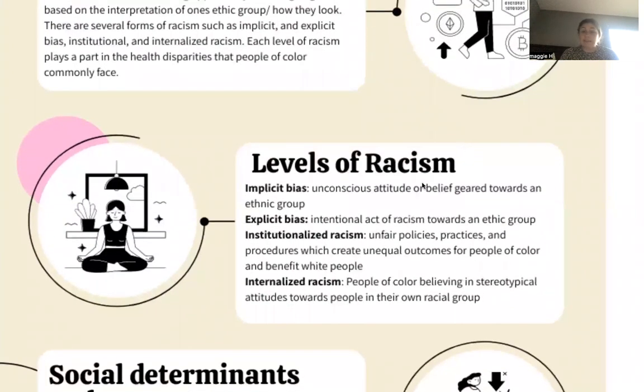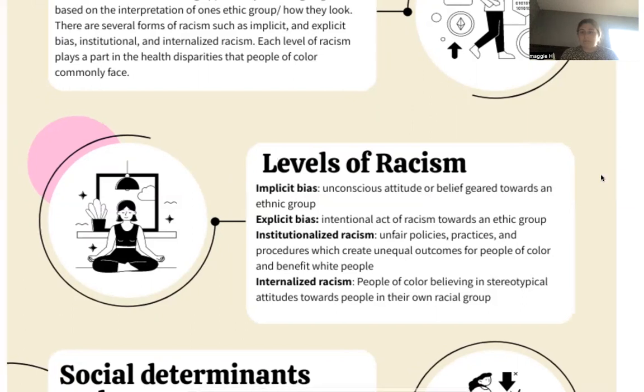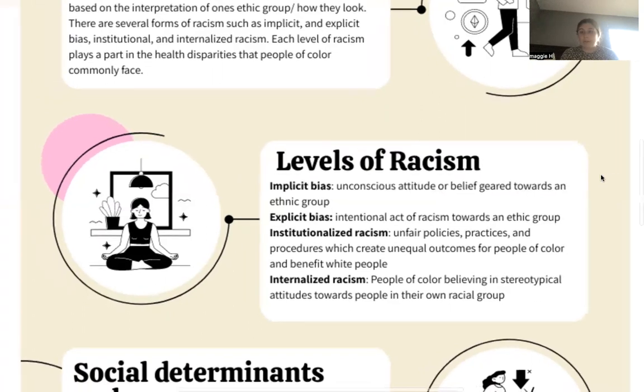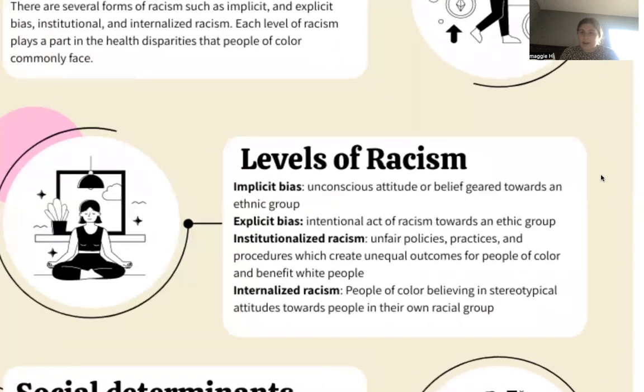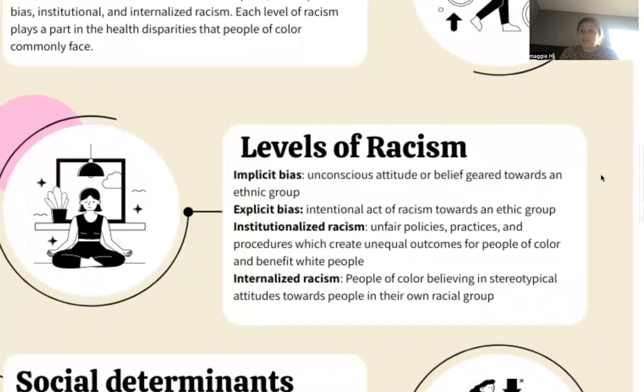There is implicit bias, and this is an unconscious attitude or belief geared towards an ethnic group. So this could just be someone who isn't outwardly racist. They're not making comments about people or their ethnic groups, but maybe they choose not to hire someone because they think this ethnic group are harder workers.